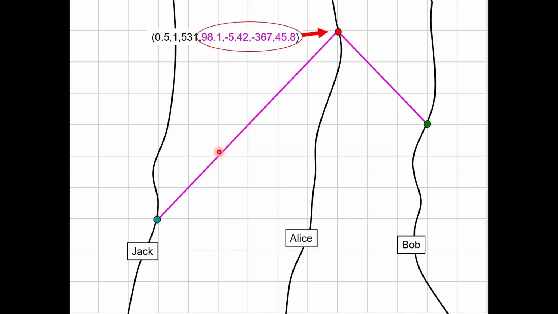They are affected by the charge numbers of Jack at this point and the charge numbers of Bob at this point. And they are also affected by the distance along the information tracks between this point on Bob and this point on Alice, and this point on Jack and this point on Alice.